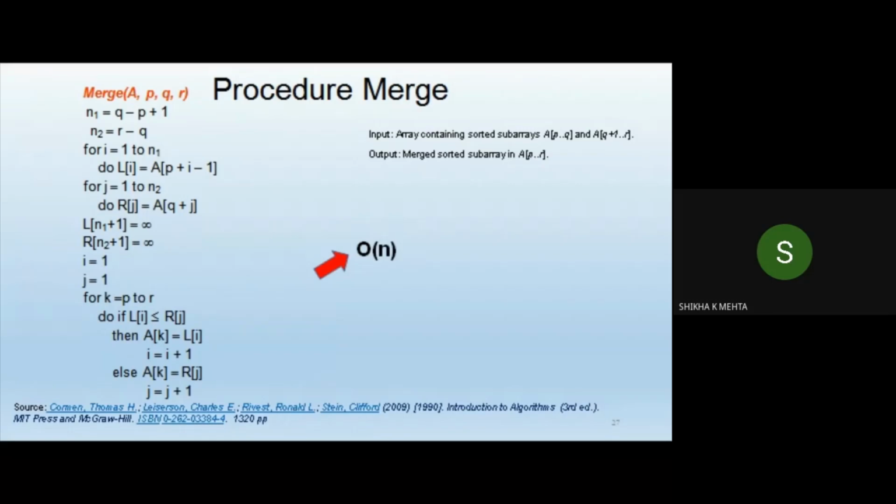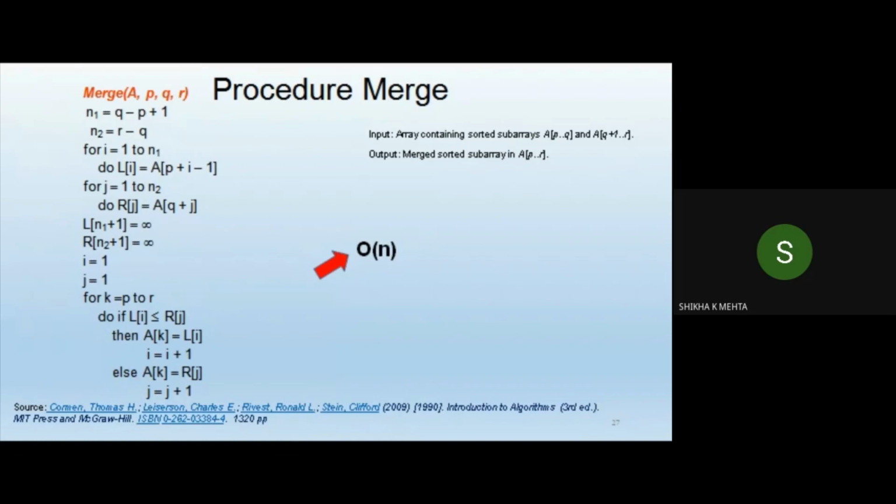We require multiple variables in order to store the values. One variable will navigate through the left array, another variable will help us navigate through the right array, and a third variable will help us navigate the main array where we are storing the sorted elements. So then we have A of k equal to L of i.